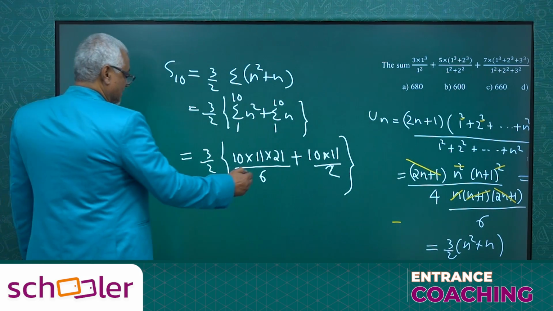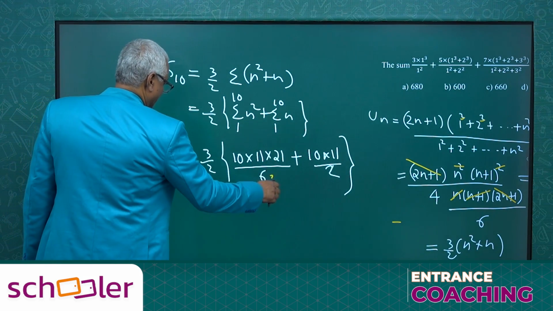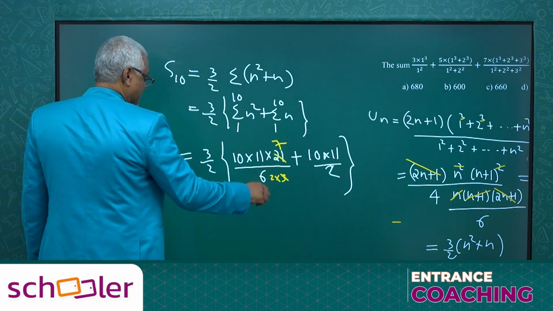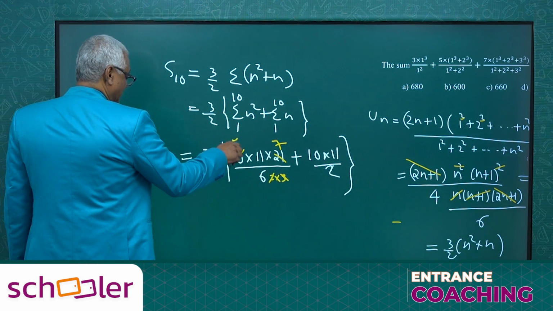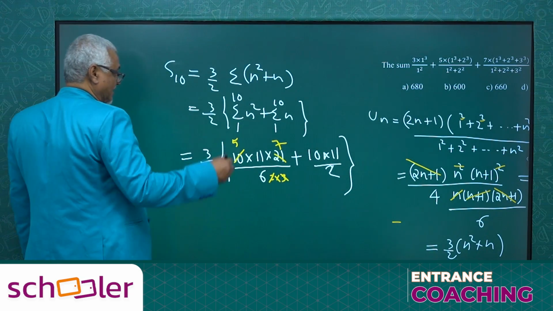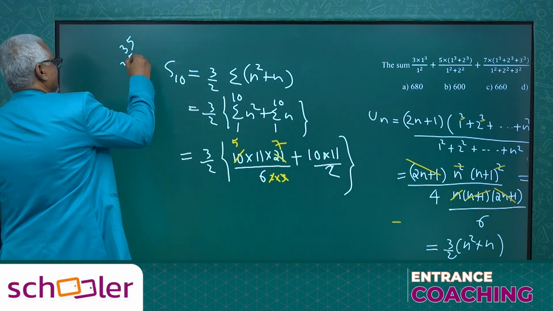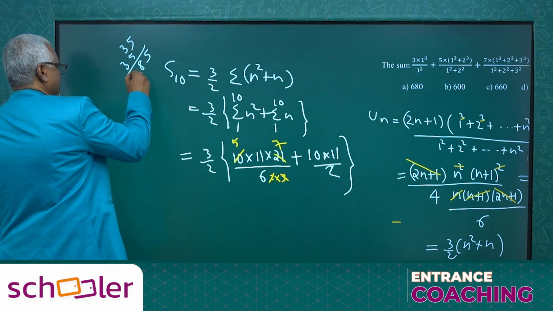Simplify. 6 is 2 into 3. This 3 goes into 21 7 times, 2 goes into 10 5 times. 5 into 7 is 35, and 35 into 11 gives 385.